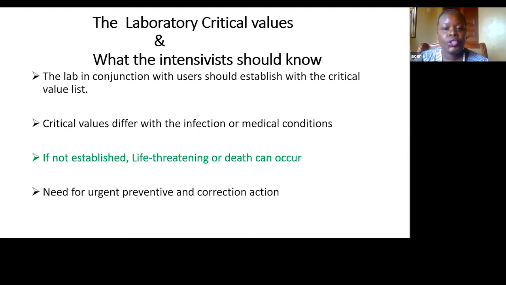What the intensivist should know and really consider, as we are providing quality care for our critical patients, is that they should work in conjunction with the lab team to have all this established, the time and what we consider critical. Because you can consider something critical when actually it is not, depending on the condition. So critical values differ with the medical condition or the kind of infection that you have.